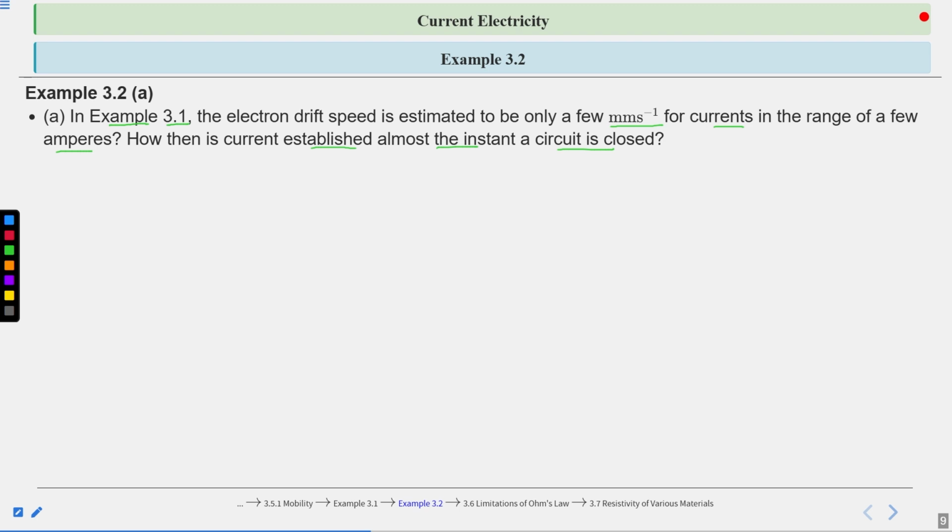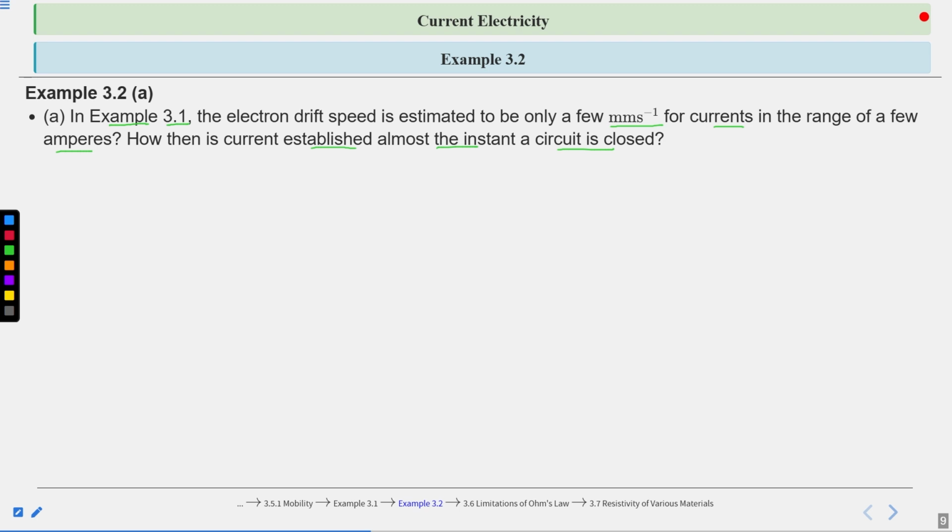If we take a conductor of 1 meter, then the electron will take so much time to cover this 1 meter. So then how is current established almost the instant a circuit is closed? When the circuit is closed, we get the reading of current. Then how is current established that fast if drift velocity is so small?